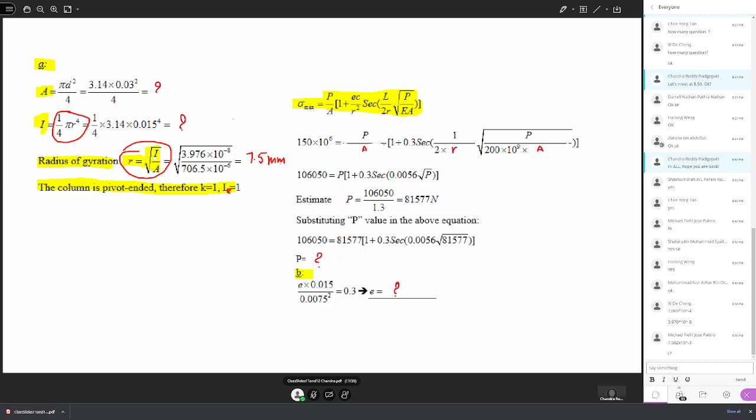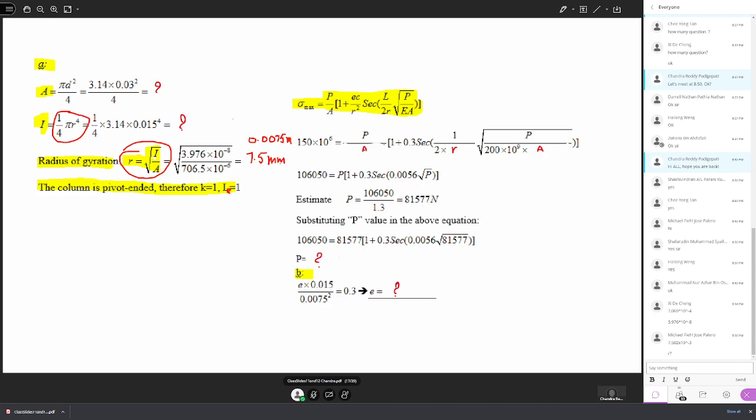So you can write either 0.0075 meters or 7.5 mm. No, that's correct, Michael.